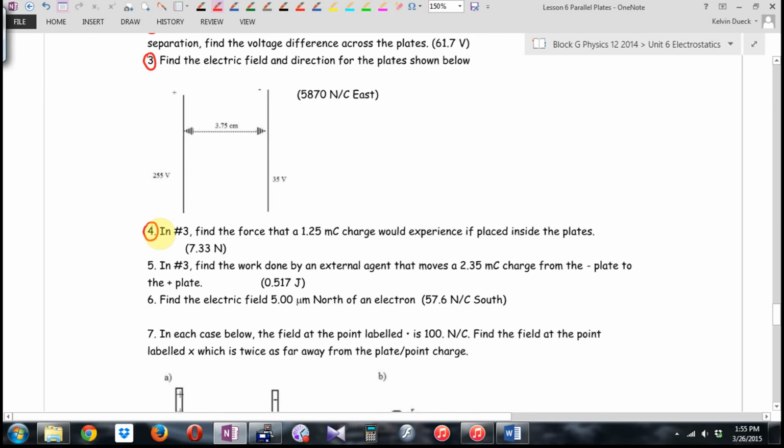You know what? I can't use... Don't write this down. Because they didn't give me 2 charges. Wait a minute, I could use this. If they gave me 1 charge, and if I could figure out the electric field that it's in, and I think I figured out the electric field from number 3. So use that for number 4.